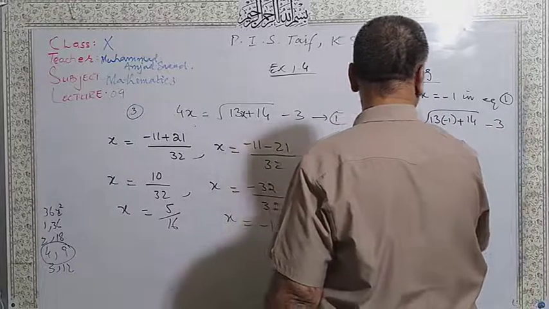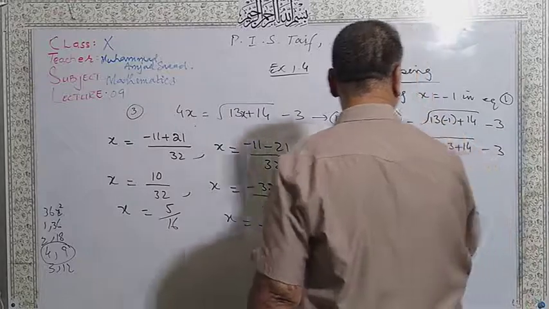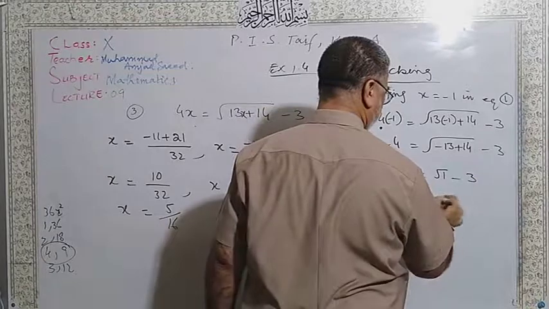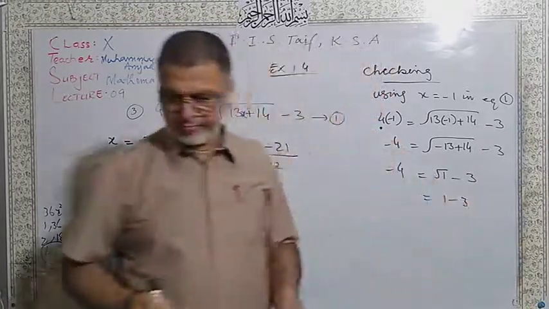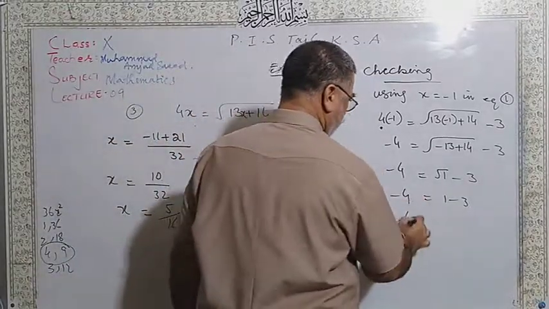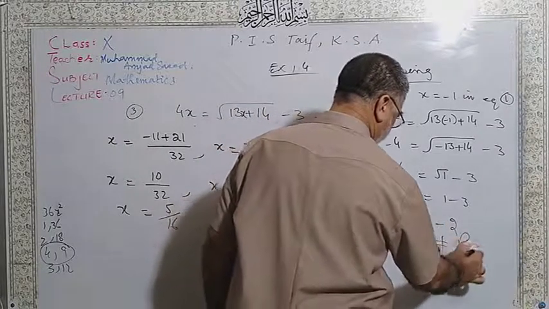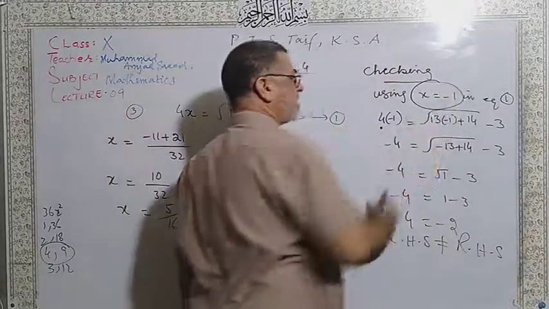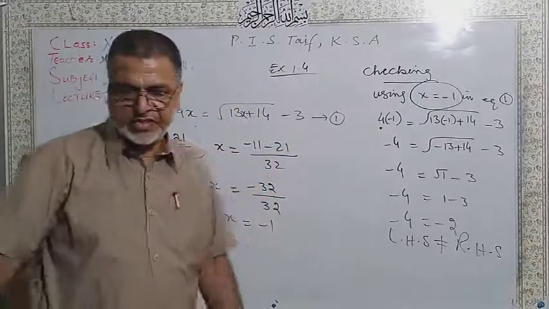This is minus 4 equals the square root of minus 13 plus 14, minus 3. That is the square root of 1 minus 3, which is 1 minus 3, and this is minus 2. Minus 4 is not equal to minus 2. Left hand side is not equal to right hand side. So x is equal to minus 1 is not a solution set member, it is an extraneous root.